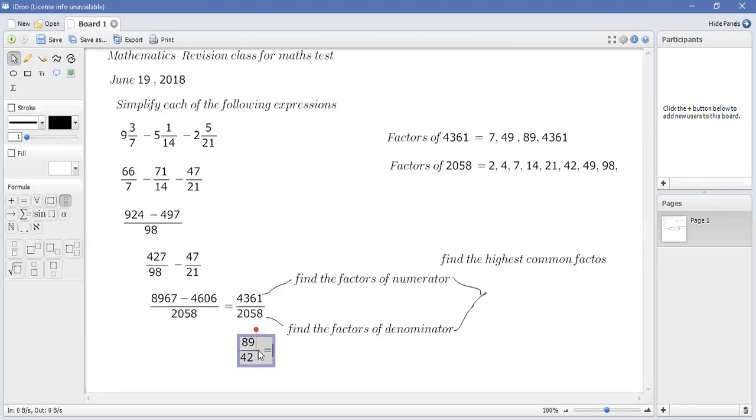How much is that? You get 2, and the remainder.